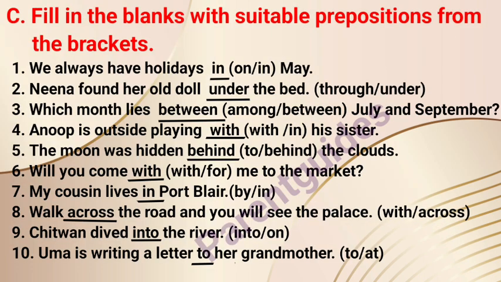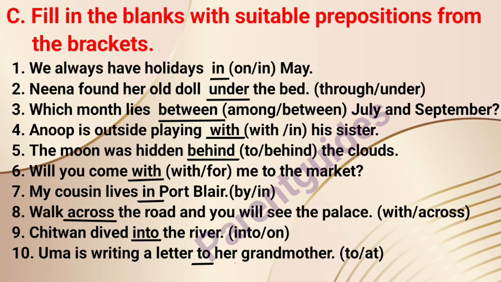C. Fill in the blanks with suitable prepositions from the brackets. 1. We always have holidays in May. 2. Nina found her old doll under the bed. 3. Which month lies between July and September? 4. Anup is outside playing with his sister. 5.